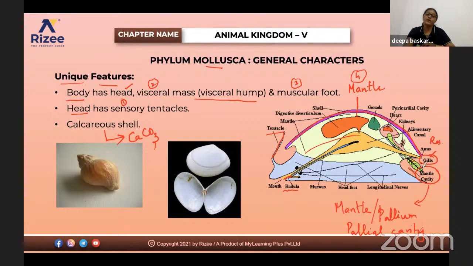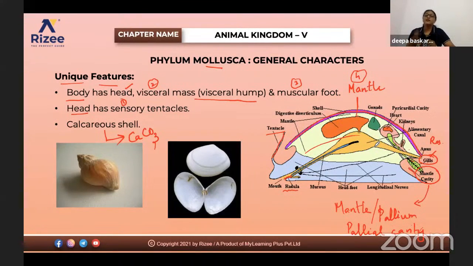Here the respiratory system varies in different mollusks. Aquatic animals have gills in the mantle cavity. See here, this is the mantle cavity, and the leaf-like structure given here is the gills. All the aquatic mollusks respire through these gills. Water is circulated in the mantle cavity, and from that the gills respire. One more is pulmonary, and even the body surface helps. For example, the octopus has no outer shell, so it can respire through the body surface itself, cutaneous respiration.